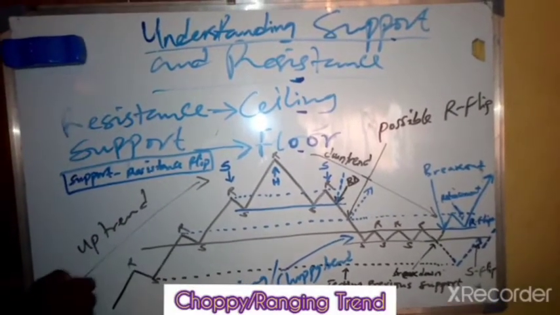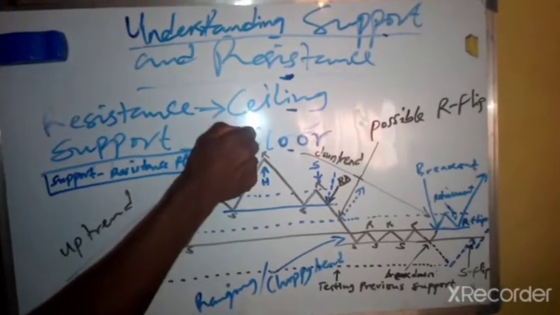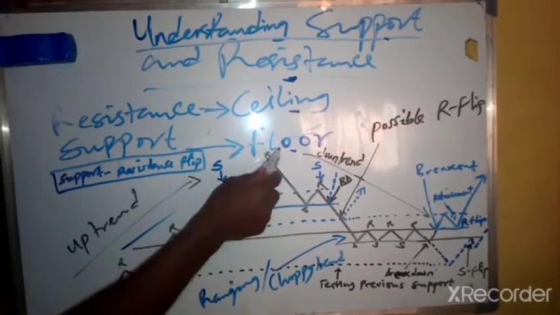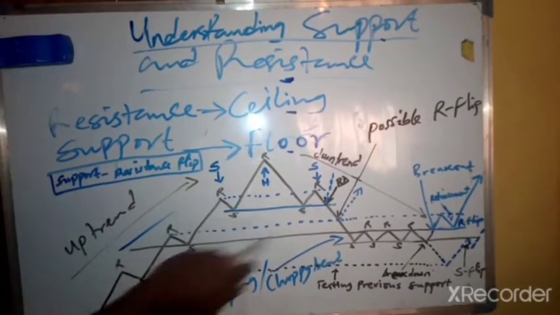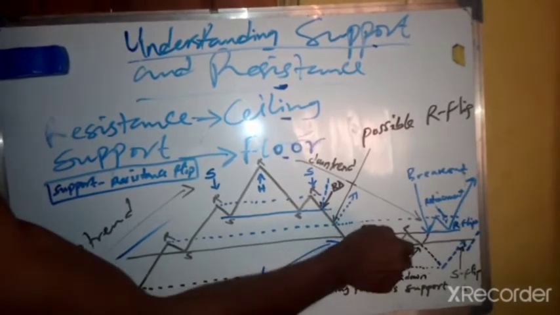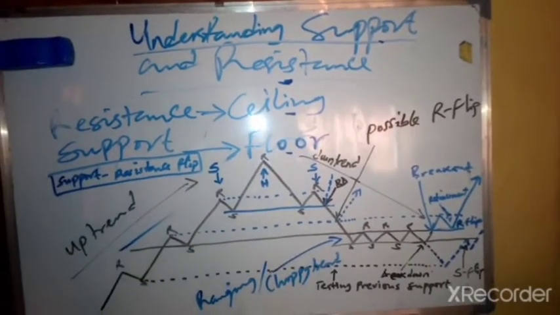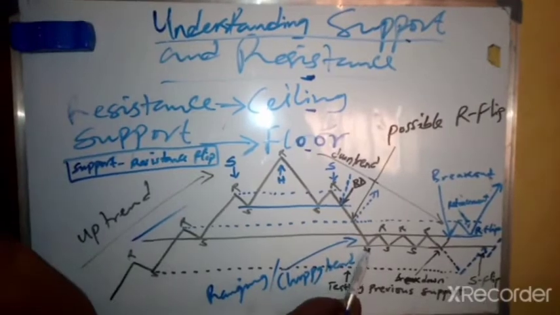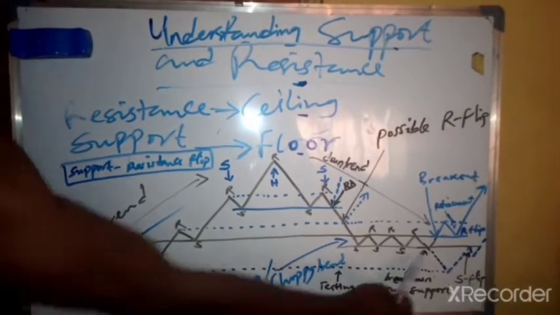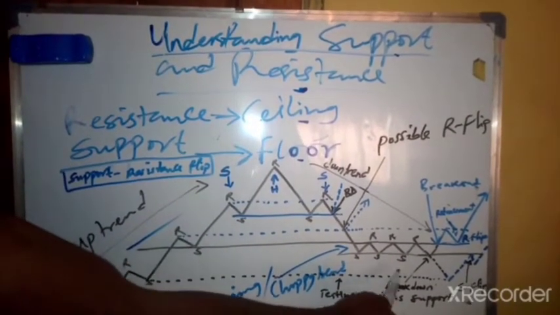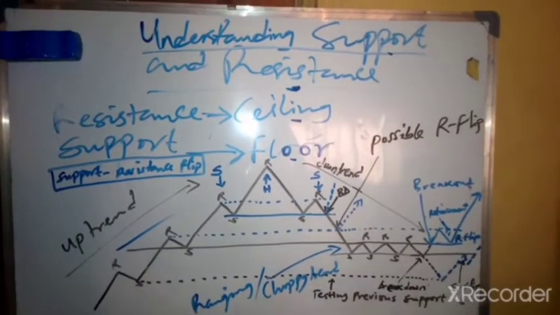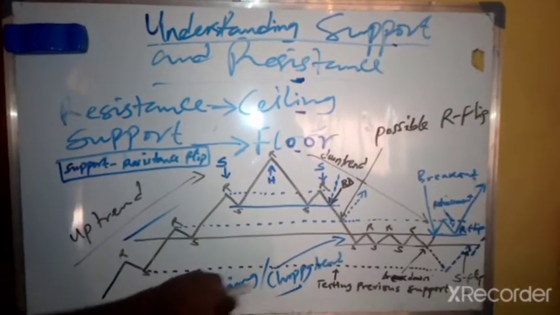So you can see the price was going up here in this direction, which is an uptrend. The price was going down here, which is a downtrend. Then it got to this point, the price of the asset was ranging, as you can see. It was ranging between support and resistance. So this is a ranging market, or you can call it a choppy market. It is stated here, a ranging or a choppy trend.